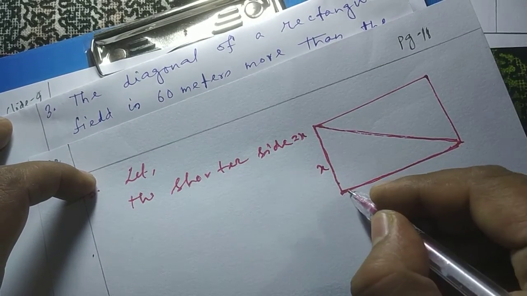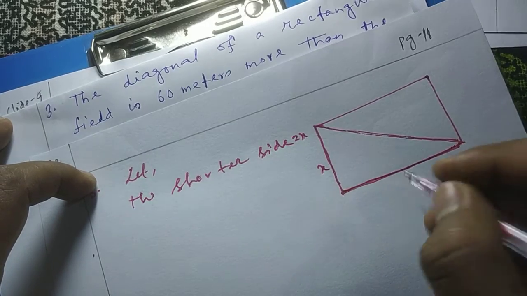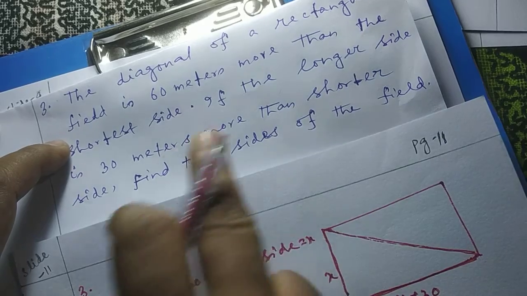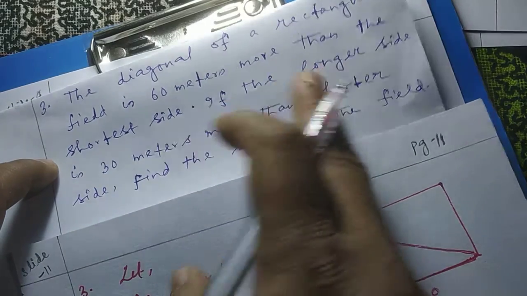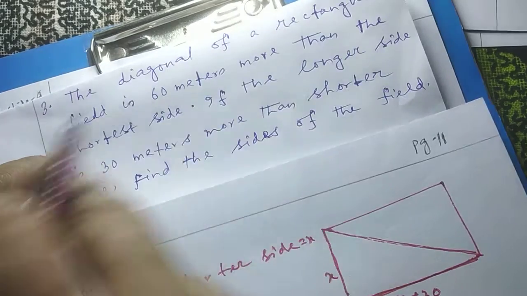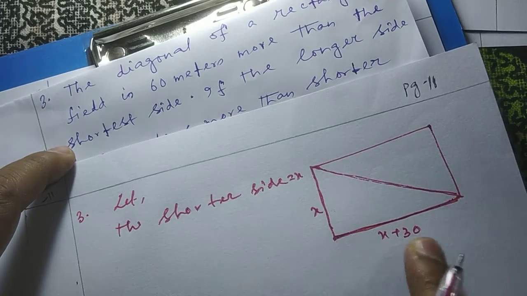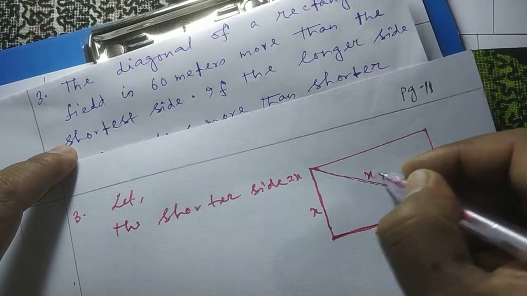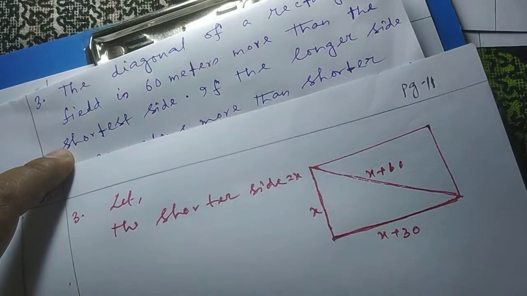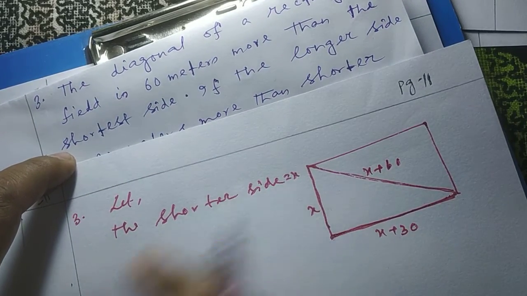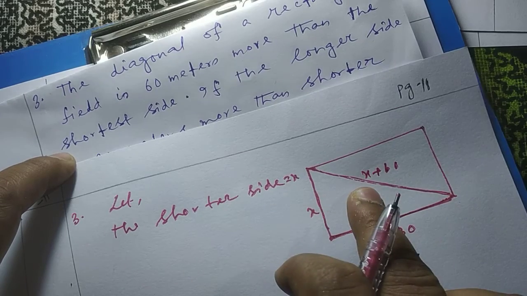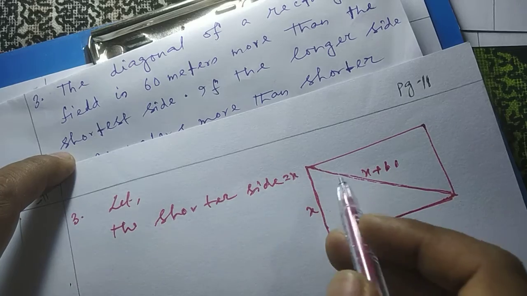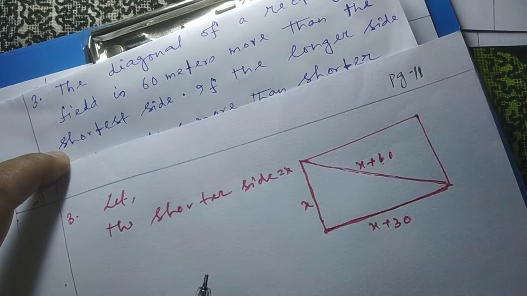So obviously the longer side will be x plus 30, because it is clearly told in the question the longer side is 30 meter more than the shorter side. Similarly the diagonal will be x plus 60. Why is it? Also it is told in the question the diagonal is 60 meters more than the shorter side. So obviously it will be x plus 60.